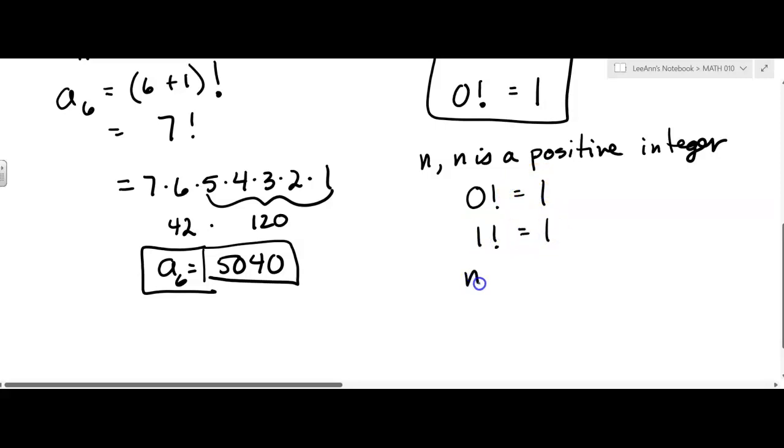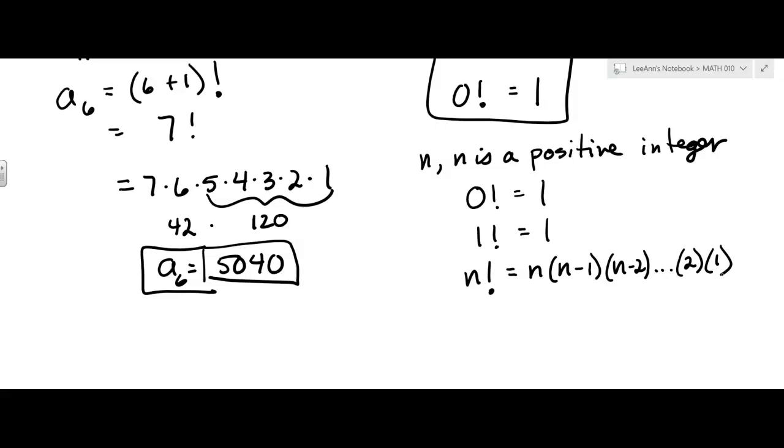And then n factorial, so any number after 1, is equal to n times n minus 1 times n minus 2, dot, dot, dot, until you get to 2 and then 1. So you keep decreasing your integers, you're going to multiply all of these together, and then the last one you're going to have is going to be 1. And this holds true for n greater than or equal to 2.